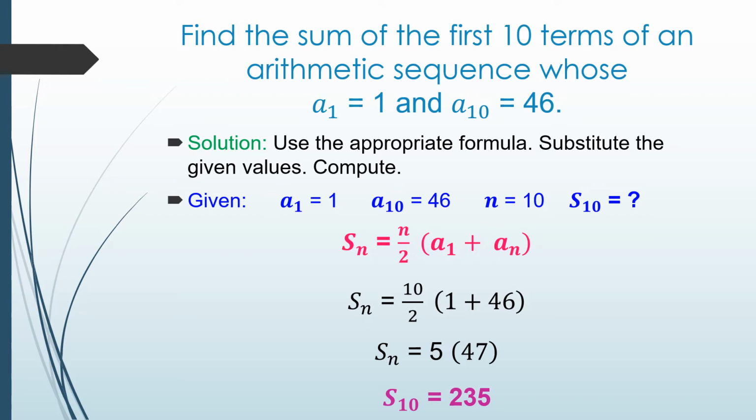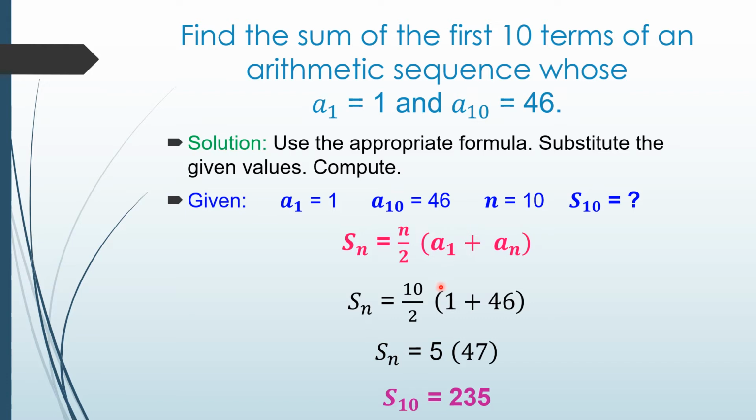Sa makatuwid, ang kailangan nating isolve ay ang value ng sum of the first 10 terms or yung S sub 10. Simulan na natin. We will use the formula S sub n is equal to n over 2 multiplied by quantity a sub 1 plus a sub n. Bakit ito yung kailangan nating gamitin formula? Kasi nga, yung nth term mo or yung last term natin ay given.